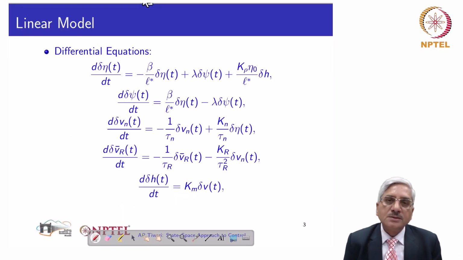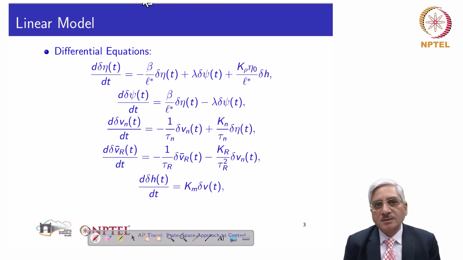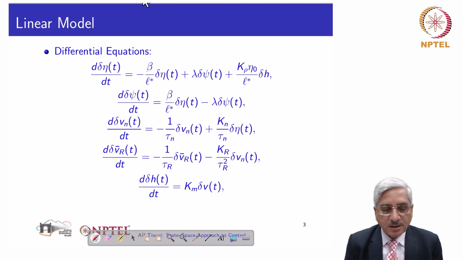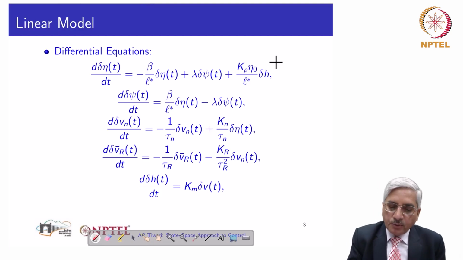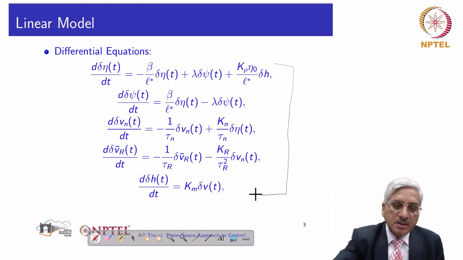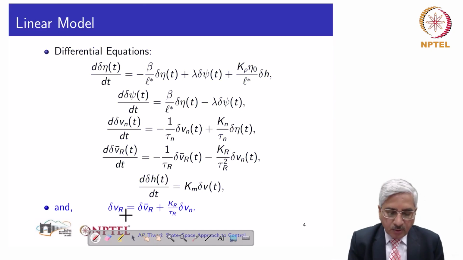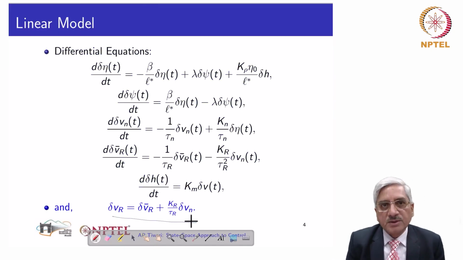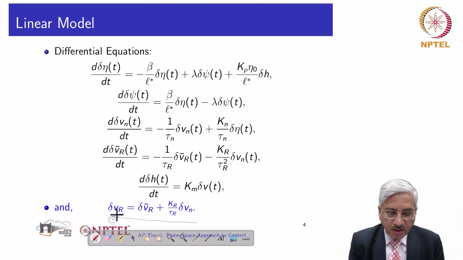We have in the preceding lectures obtained the mathematical model of nuclear reactor, which was nonlinear, and it was linearized to obtain these 5 linear differential equations of first order each, and also one accompanying equation, because this delta V_R is the output and delta V_R bar is the state.